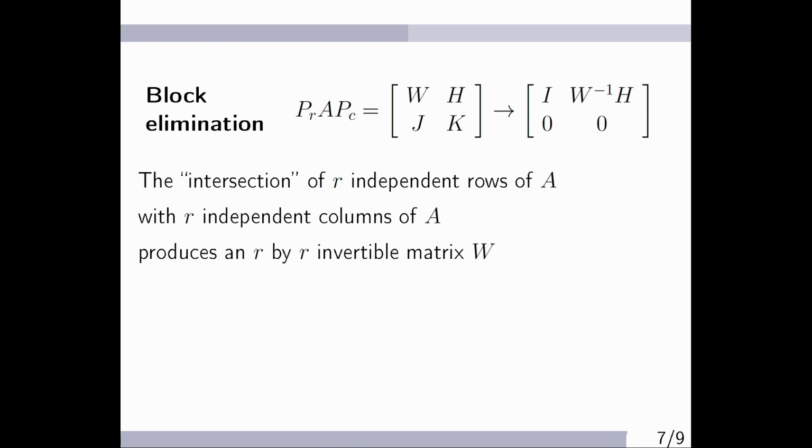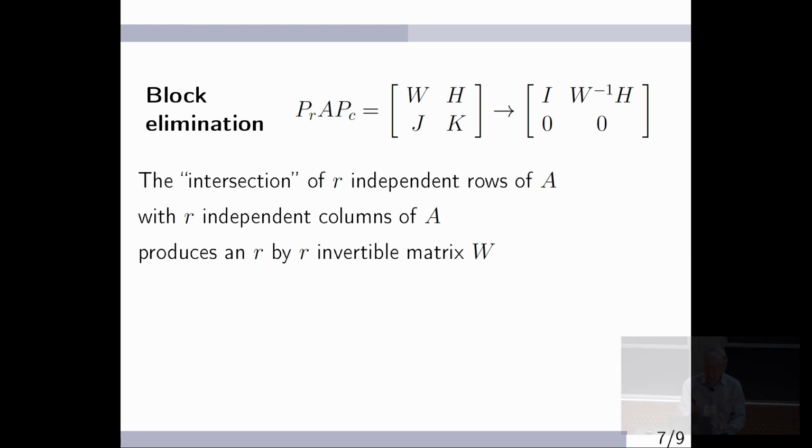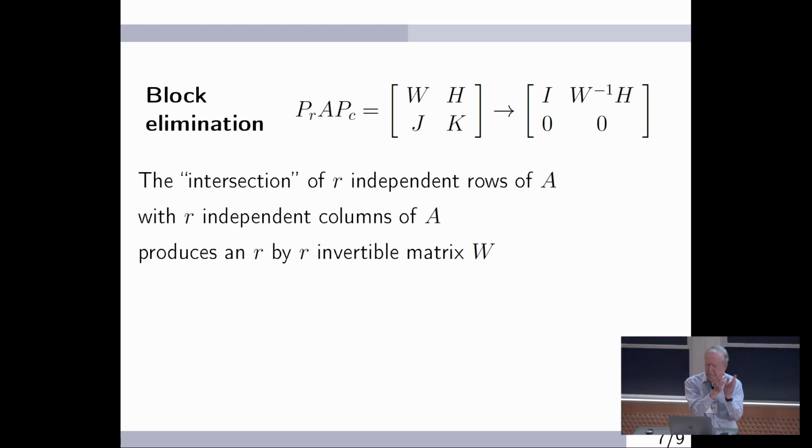Sooner or later, we have to exchange rows and exchange columns, with P sub R and P sub C. So take any matrix A of rank r, then with a permutation of the rows and a permutation of the columns, we can make that matrix W in the upper left corner, that r by r corner, full rank, invertible.